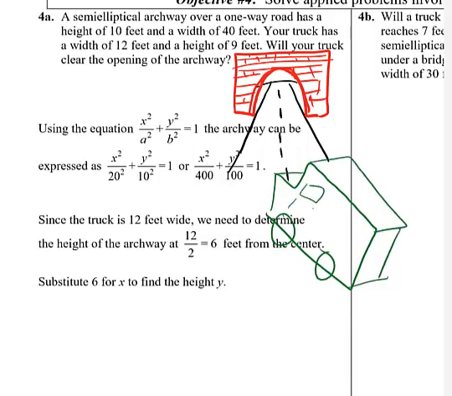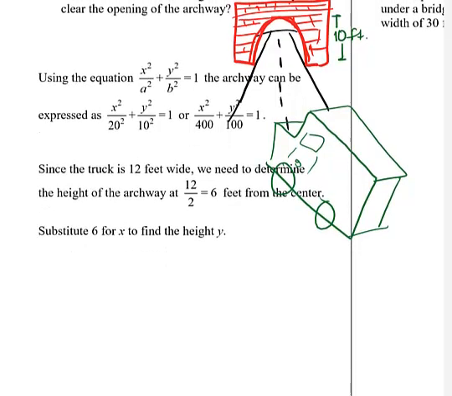Okay. A semi-elliptical archway over a one-way road has a height of 10 feet and a width of 40 feet. So from here to here is 10 feet, the height, not of the wall, but of the archway.